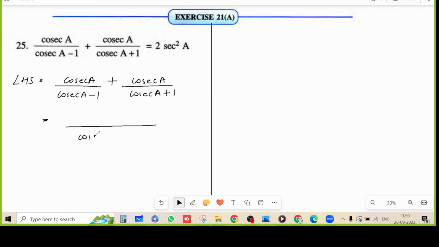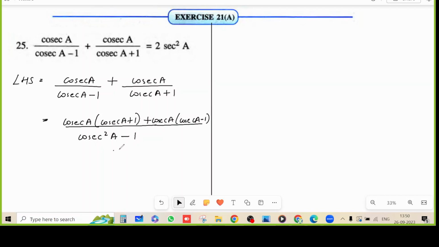So if we apply the formula, we will get the result as cosec square a minus 1, and the numerators will get cross multiplied. So this will become cosec a into cosec a plus 1 plus cosec a into cosec a minus 1.